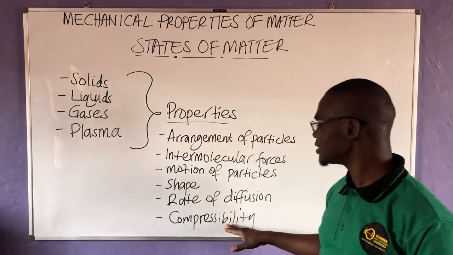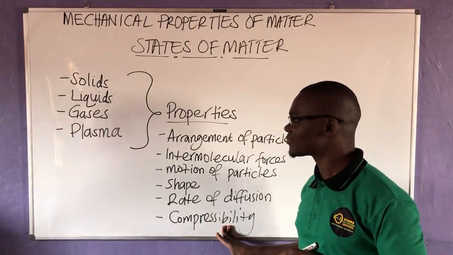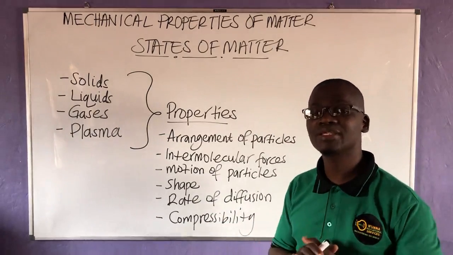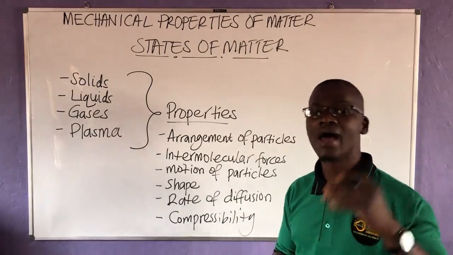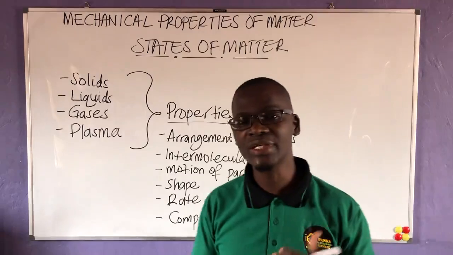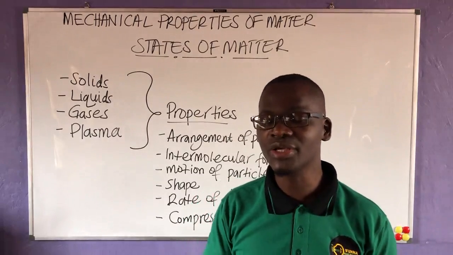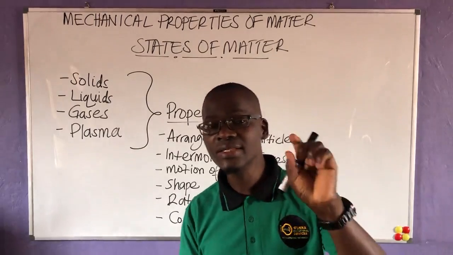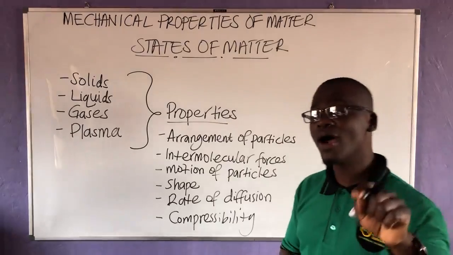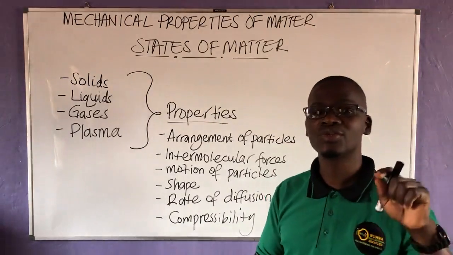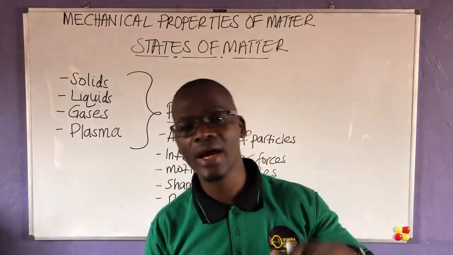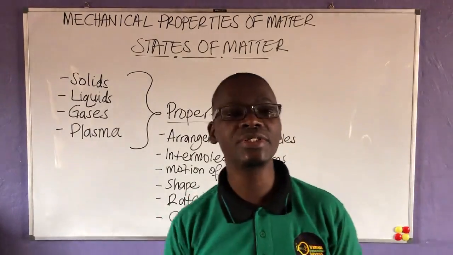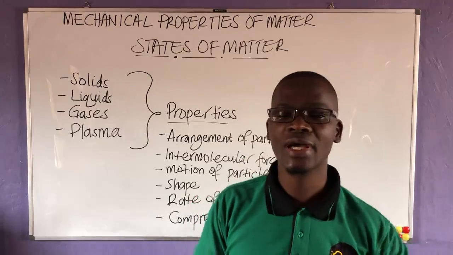Then we look at gases. Gases can be compressed because they have the least intermolecular forces of attraction between the molecules. And because gases can be compressed, that's why they are used to inflate car tires, balloons, footballs, and so on.